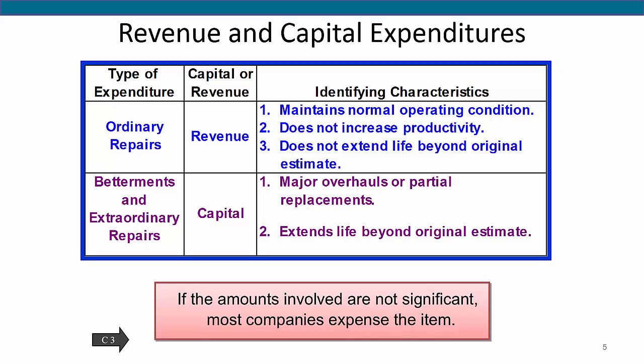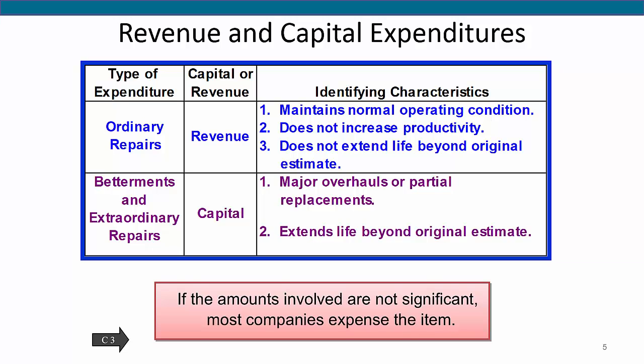An example is replacing manual controls on a machine with automatic controls. One special type of betterment is an addition, such as adding a new wing or a dock to a warehouse. Since a betterment benefits future periods, it is debited to the asset account as a capital expenditure. The new book value, less the salvage value, is then depreciated over the asset's remaining useful life.